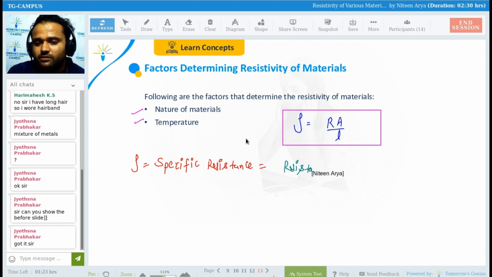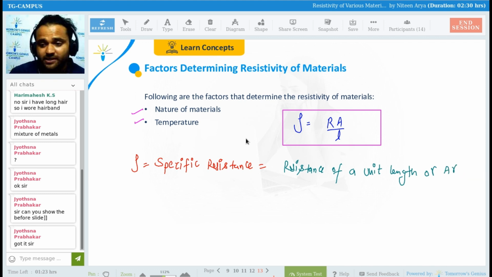Resistance of a unit length or area. Suppose this is a material, any particular thing.